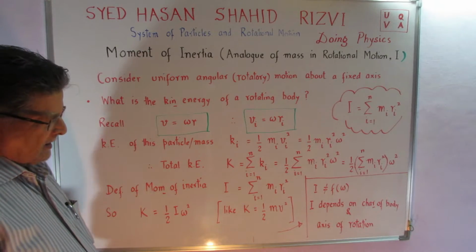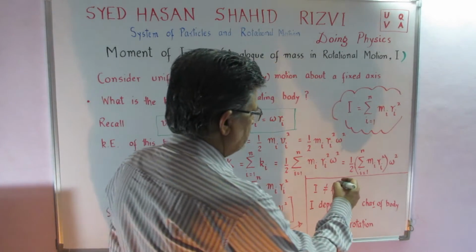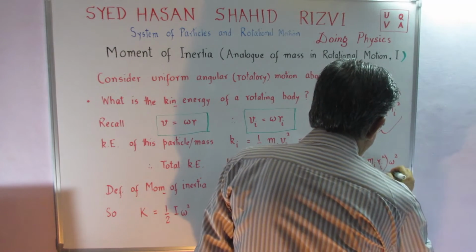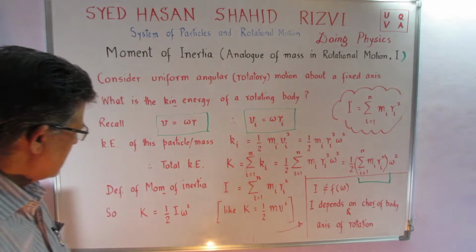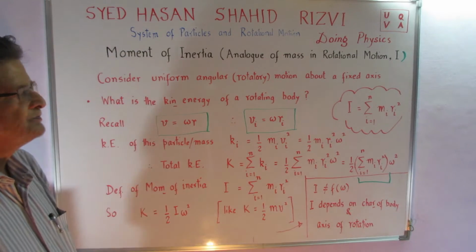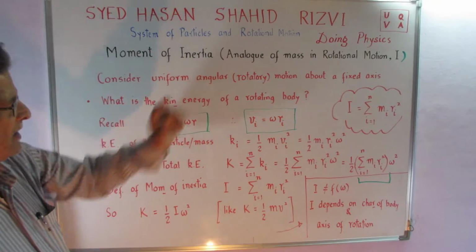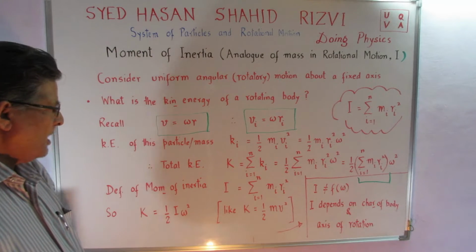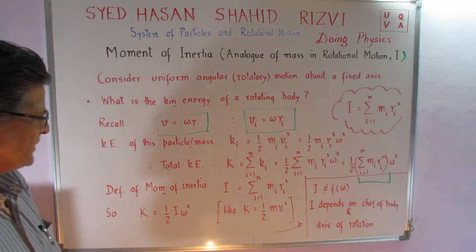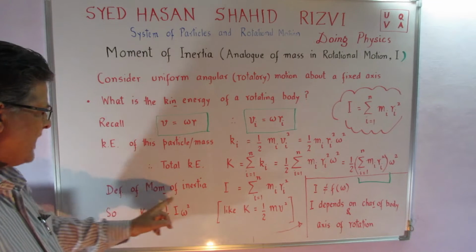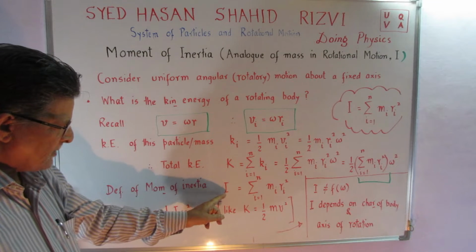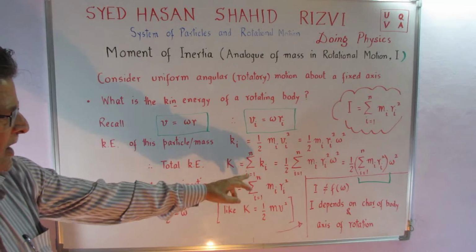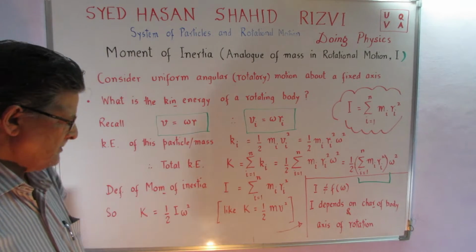So from here I define this quantity in this relation as moment of inertia. So the moment of inertia, which is the analog of mass in rotational motion, is defined as I, capital I, always equal to sigma mi ri square.